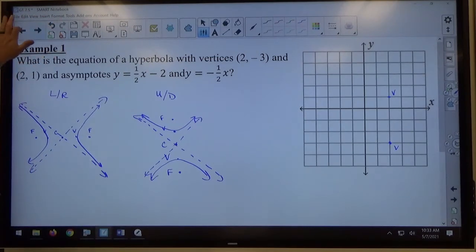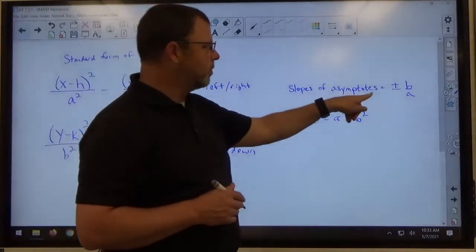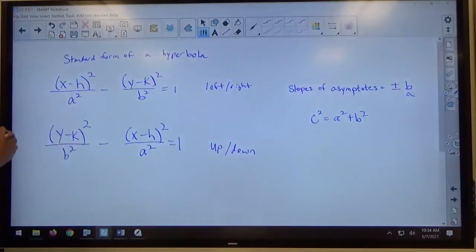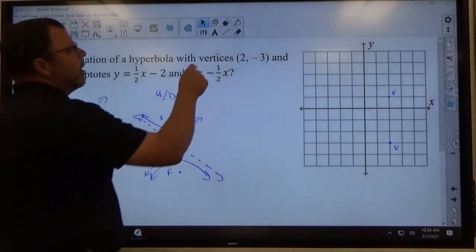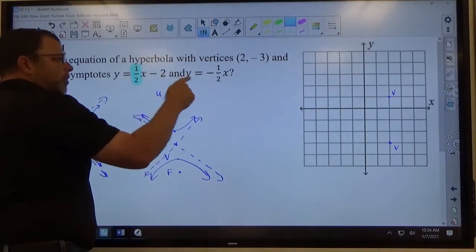If we go back to this page with your standard forms on it, it says slopes of asymptotes equals plus or minus b over a. And b and a are the numbers underneath x squared and y squared. So if I come back over here, they gave me these equations, but the useful information is the slope, which lives in front of x.